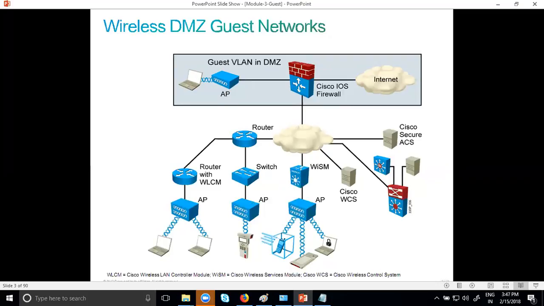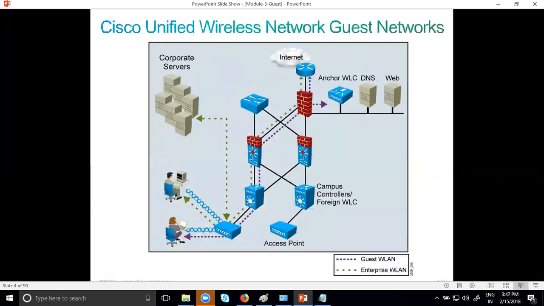We have another controller in the DMZ which takes responsibility for all the guest traffic landing on the company enterprise controller, and it will process the guest traffic, whichever guest SSIDs or access points are sending traffic to the internet. In the Cisco Unified Wireless Guest Network, you can see we have different access points.